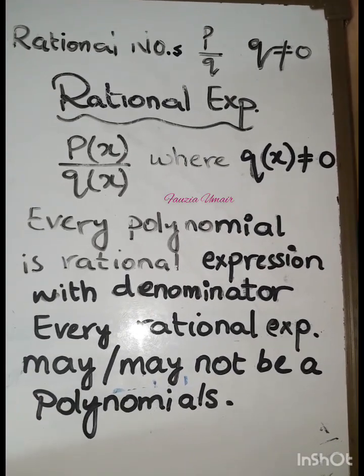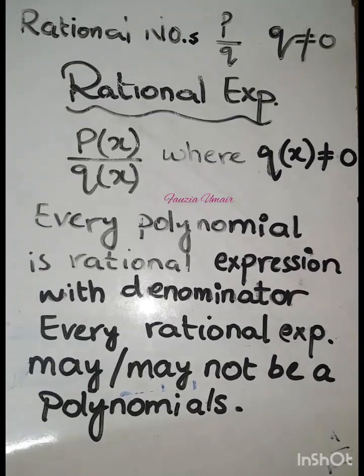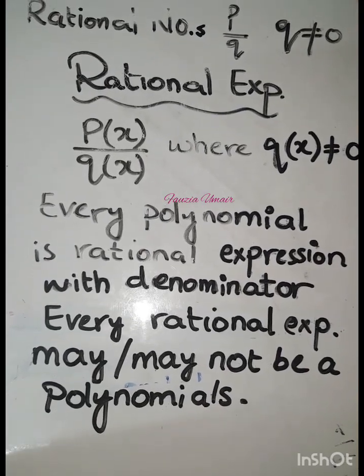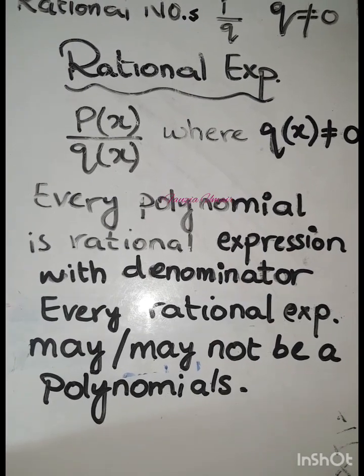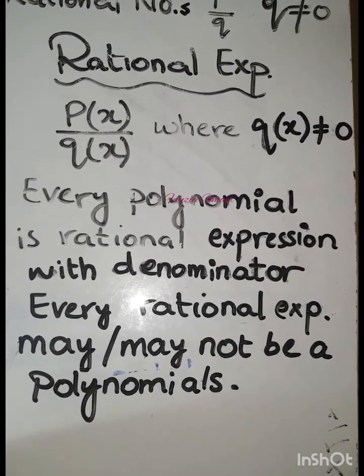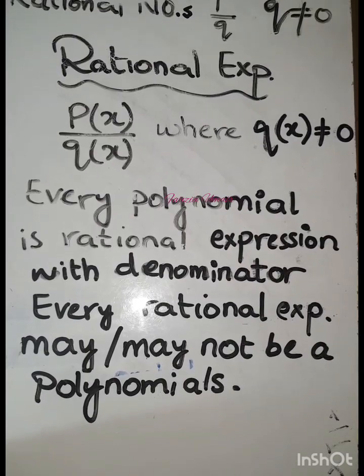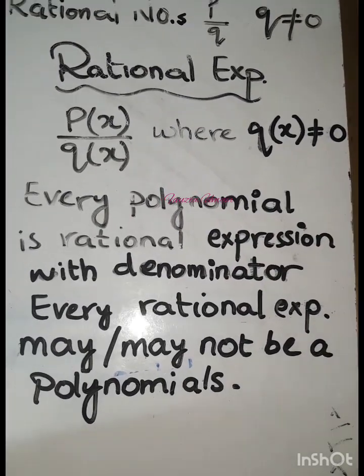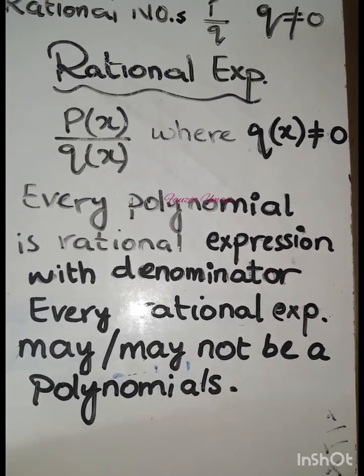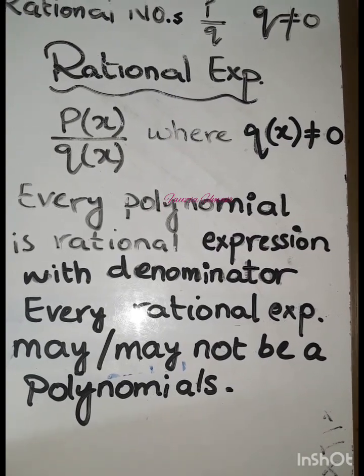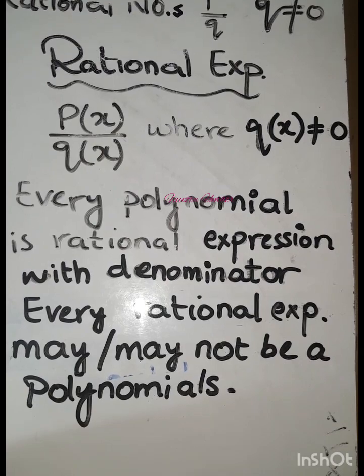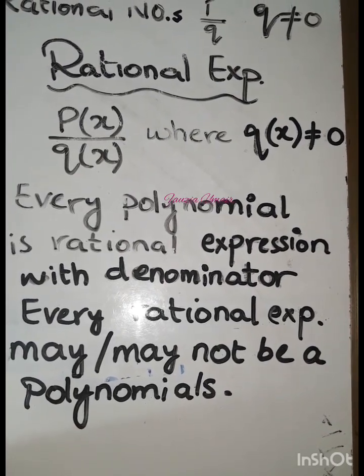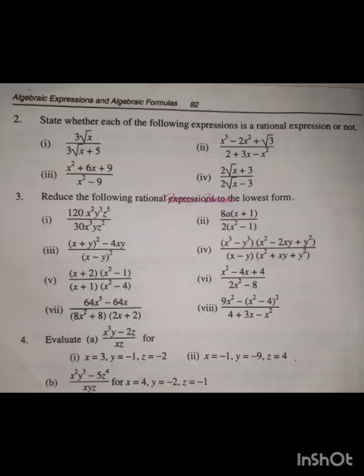The important thing here is that every polynomial is a rational expression with denominator 1. This is a very important point. If I say x square, it's a rational expression because there is a 1 in the denominator, which is invisible. The second point is that every rational expression may or may not be a polynomial. The other way around is sometimes true and sometimes not.